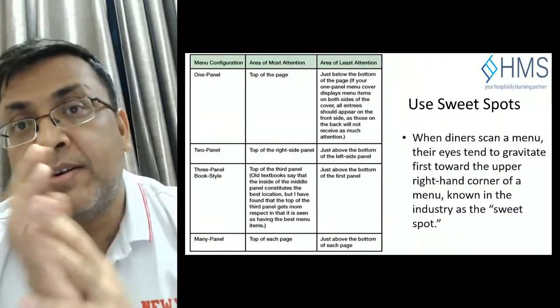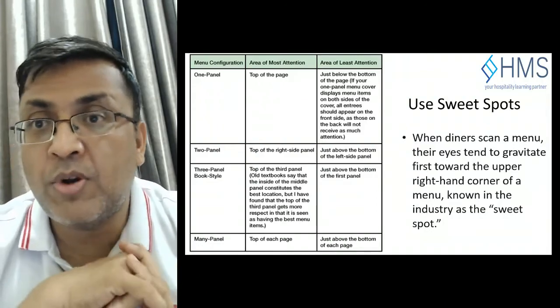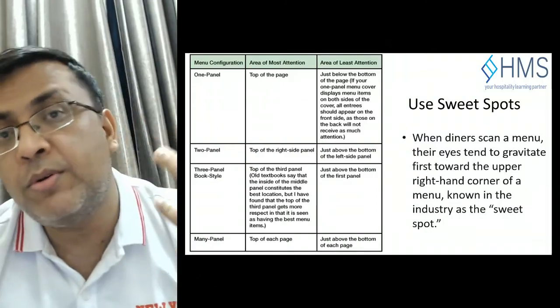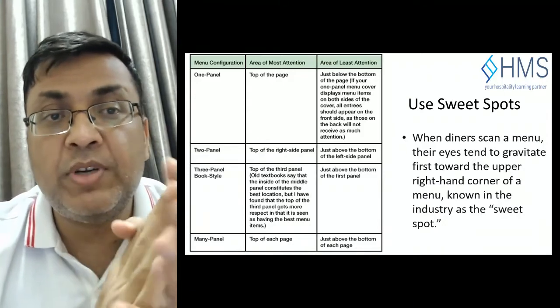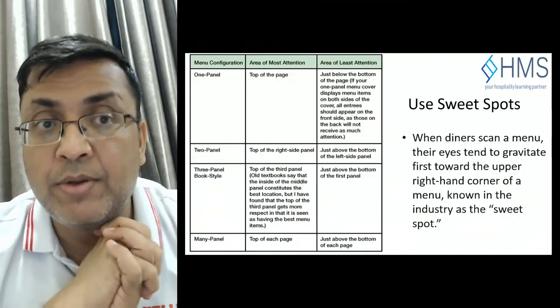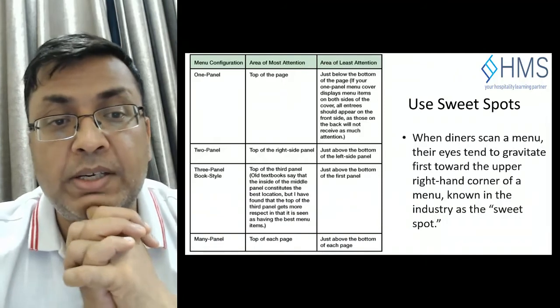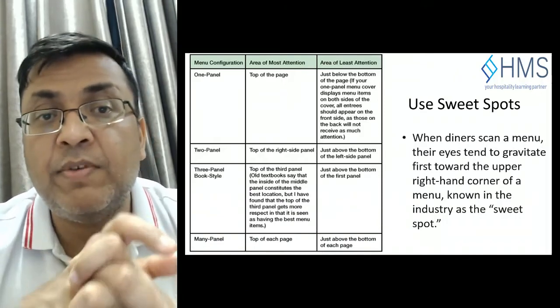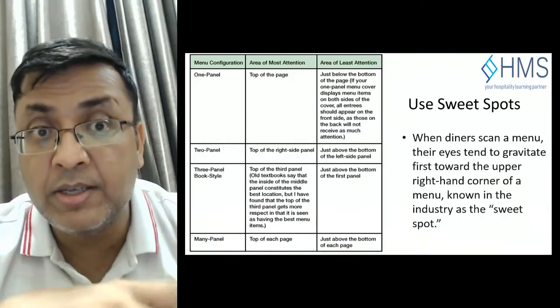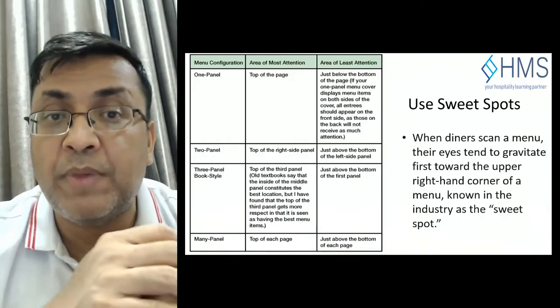The top right corner is usually for logos or menu items. If it's a one panel menu, the top of the page gets the most attention. The least attention goes to just below the bottom of your page.